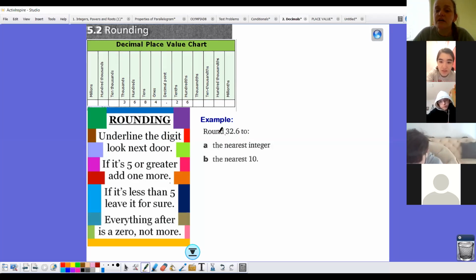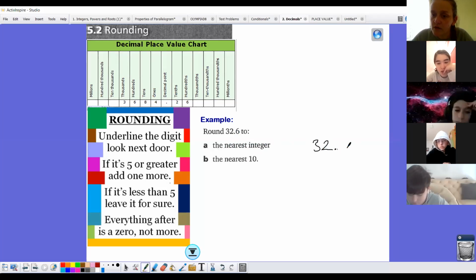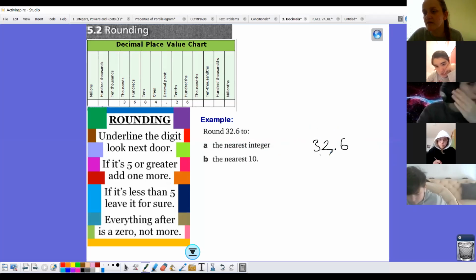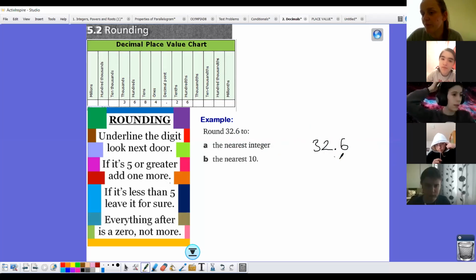If we have to round 32.6 to the nearest integer or the nearest 10, so our 30. No, it won't change our number because it's not more than 5. If it says nearest integer, we have a decimal part here, yes? And I will check the number after the decimal point.